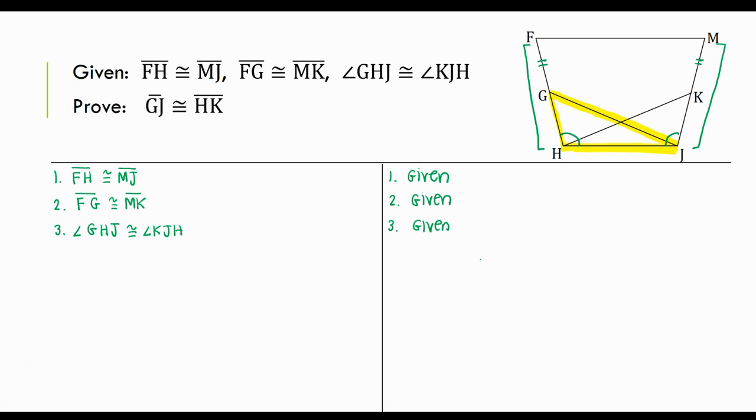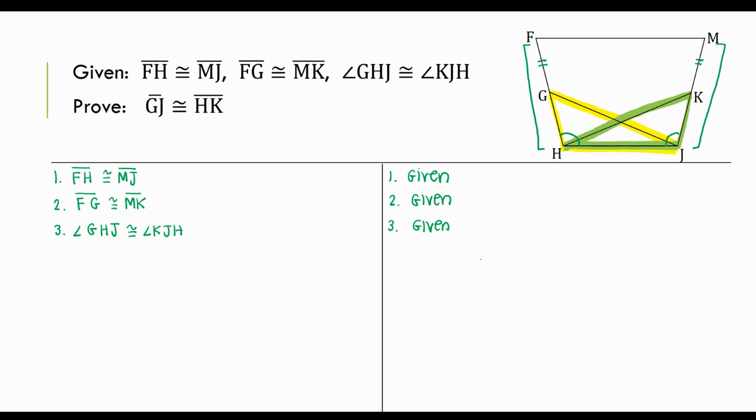And then because I want to try to prove that the segment is HK, well, notice that angle KJH is probably going to be a part of that one. All right, so those are the two triangles that I want to focus on. And if you look at what's marked up, only the angles are actually a part of the triangles we're trying to prove to be congruent.